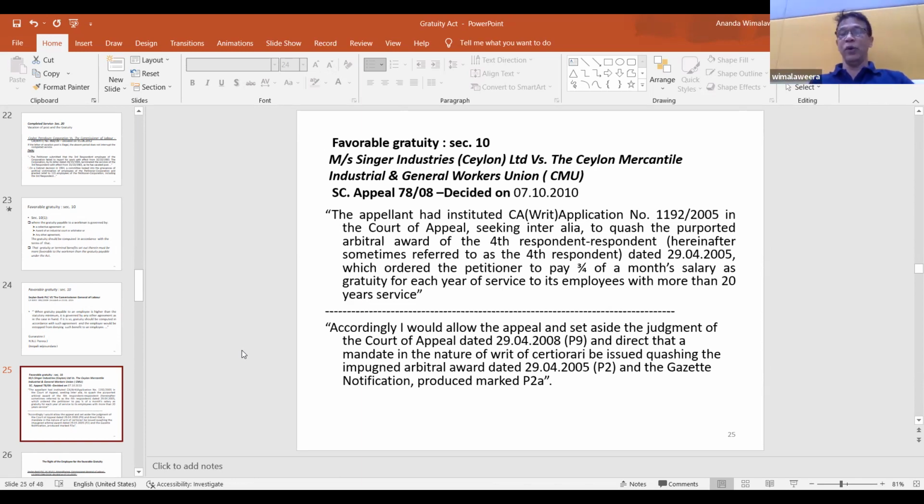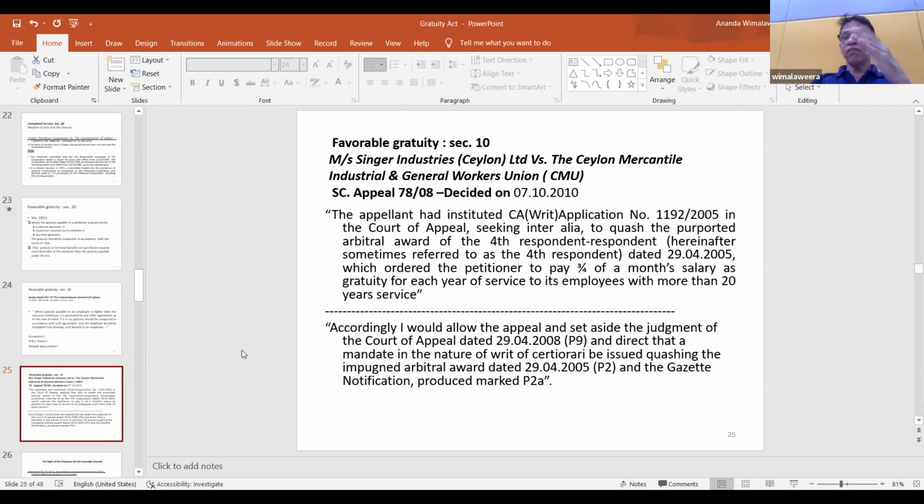The company communicated in writing to the Ceylon Mercantile Industrial and General Workers Union, CMU in short, that the company is willing to pay.